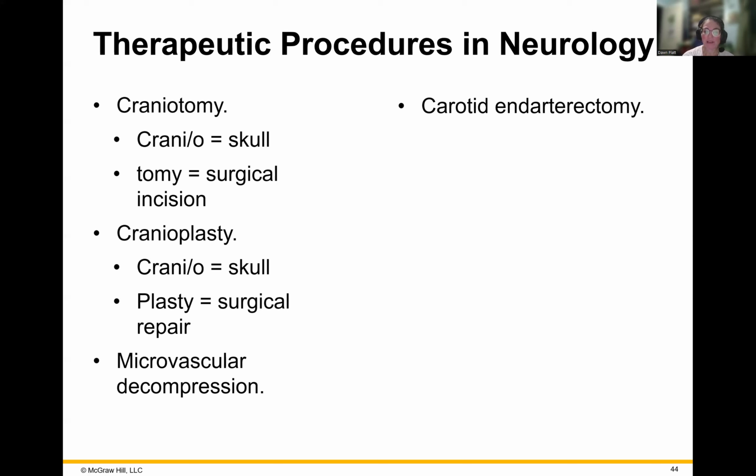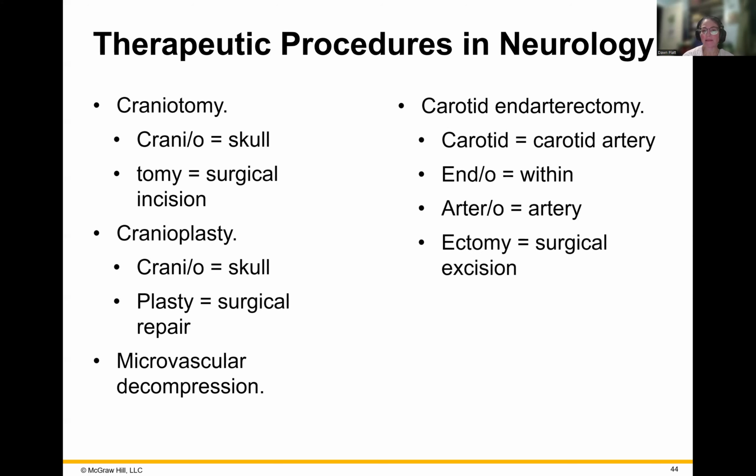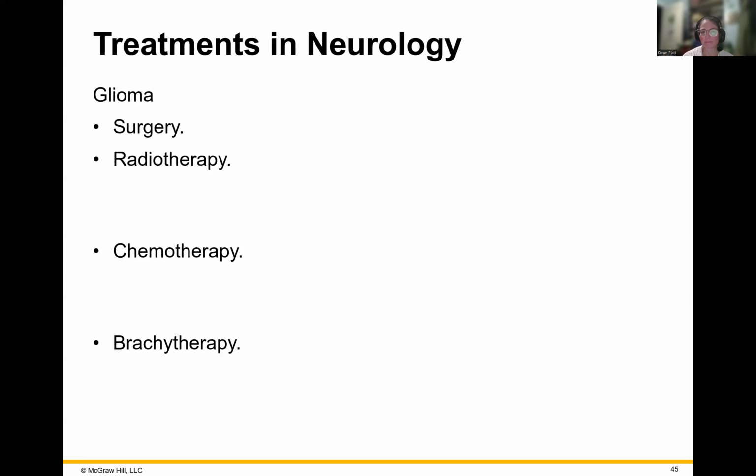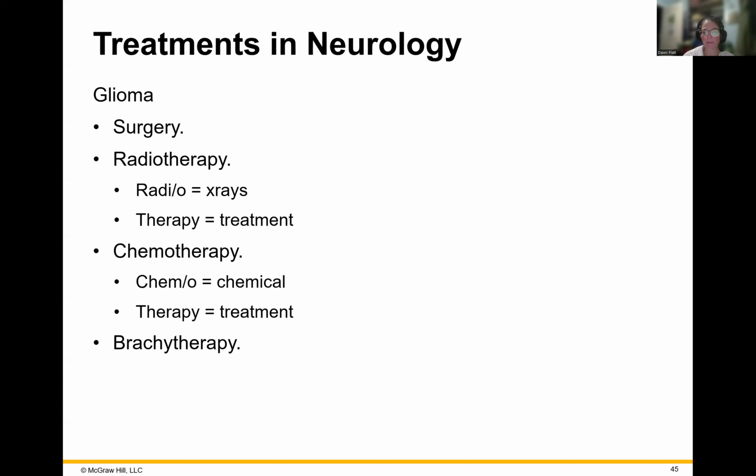We have microvascular decompression and carotid endarterectomy. A glioma is just a form of brain cancer. Treatments for a glioma would be surgery, radiotherapy, which some people just refer to as radiation, chemotherapy, and then brachytherapy.